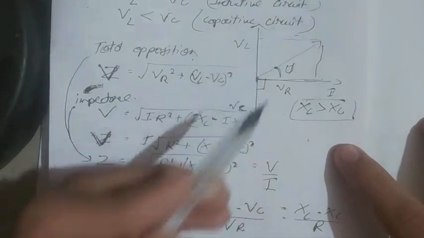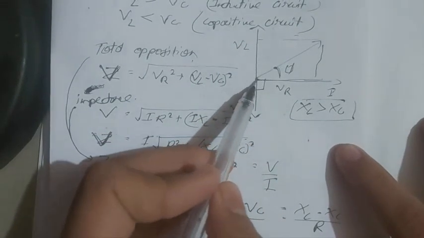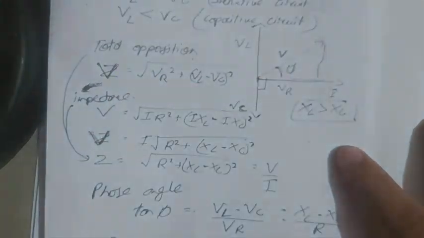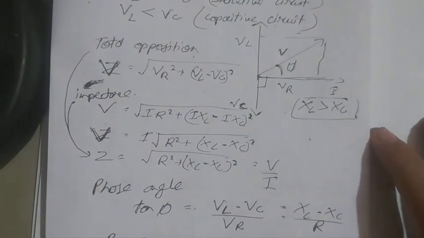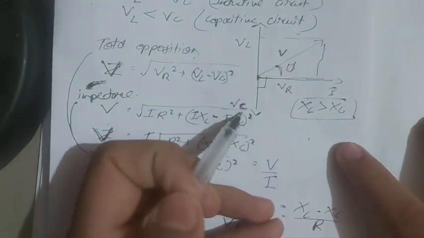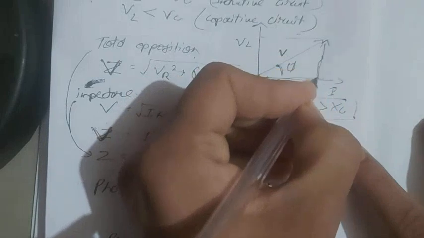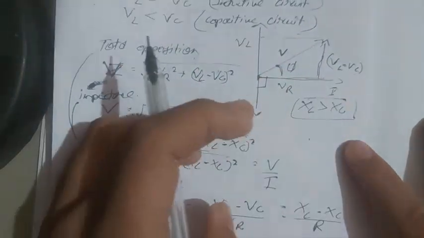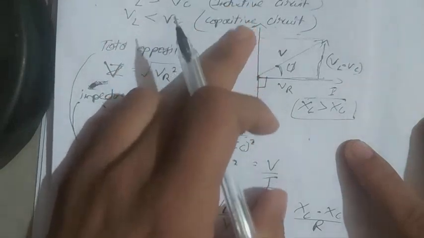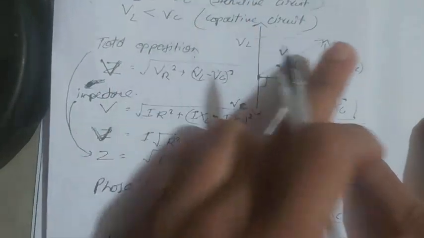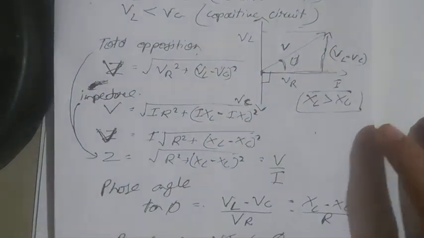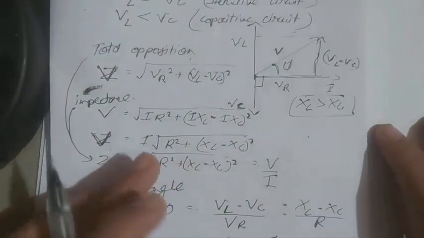We obtain the resultant V with the help of parallel shifting. This is VL minus VC, right? Here we obtain VL minus VC and shifting parallelly here, we obtain V with the help of the triangle rule.